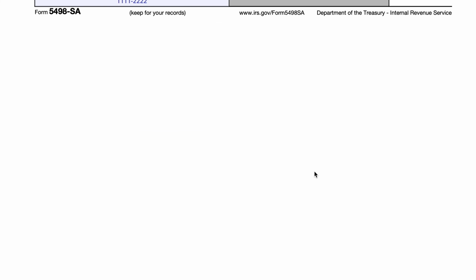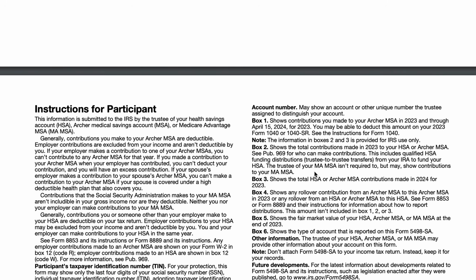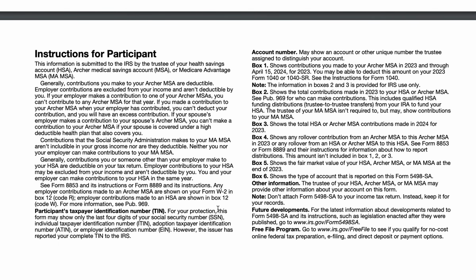So there is additional guidance, a little bit more here, instructions for the participant. Basically, it tells you very basic generic guidance on what your contributions should look like, how they should be reported on your Form W-2, how you would report them on IRS Form 8853 or IRS Form 8889, depending on your savings account.